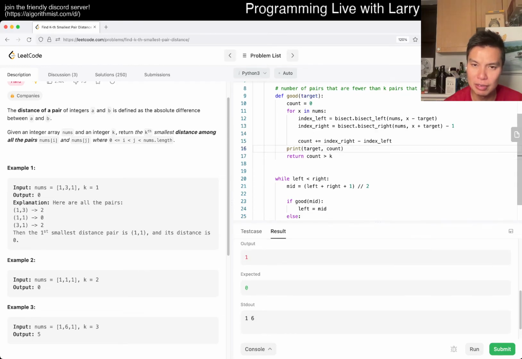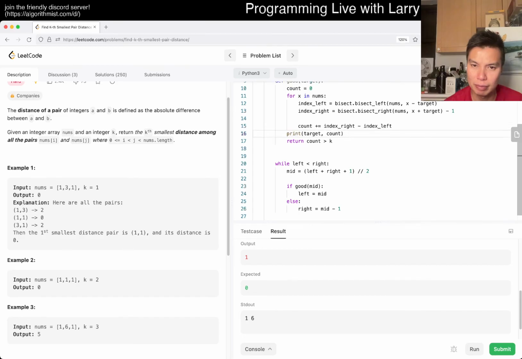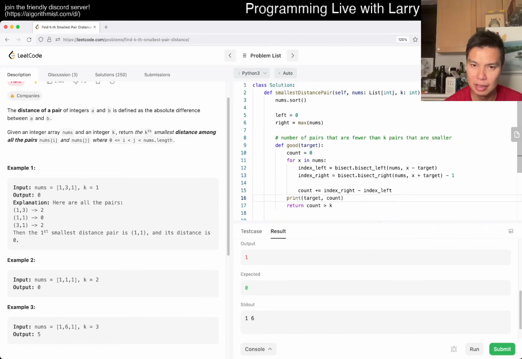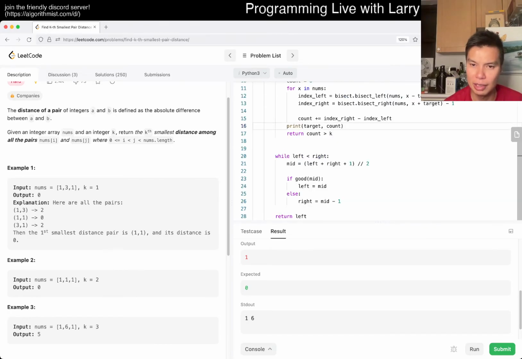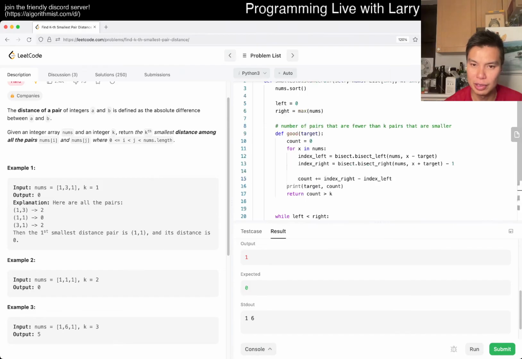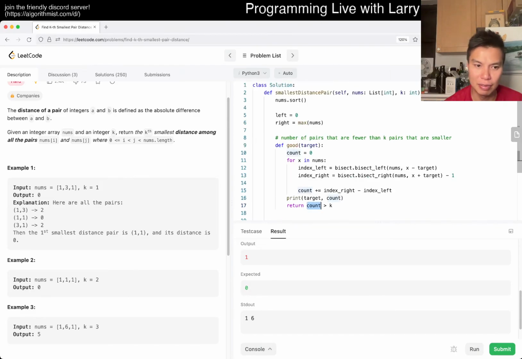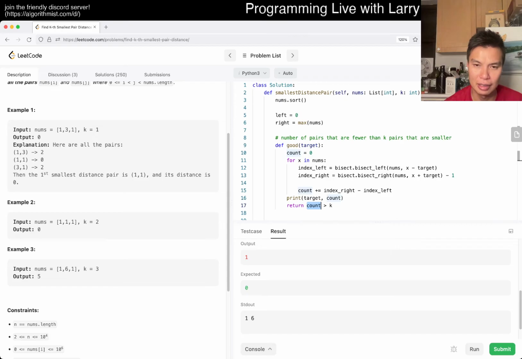So the first target is 1, because it's going to be 0, 1. These should be inclusive. Okay, that's right. So then the first number to try is 1. Is 1 good? 6. 6 is definitely higher than, is 6 right? I think I made a mistake here because there's not 6 pairs, right?